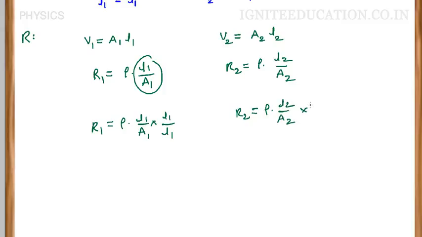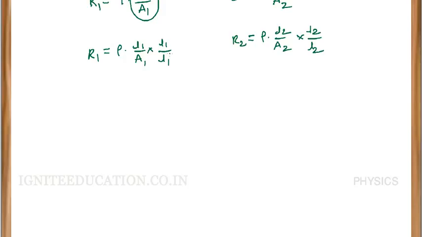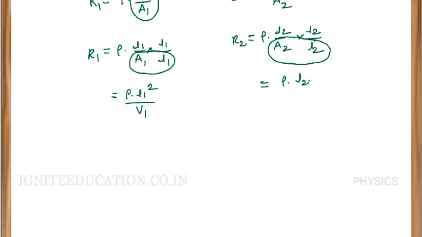Here I am multiplying L2 for the numerator and denominator. That gives A1 L1, which is the volume of the first conductor, and A2 L2, the volume of the second conductor. So R1 is equal to rho into L1 square by V1. Here also R2 is equal to rho into L2 square by V2.